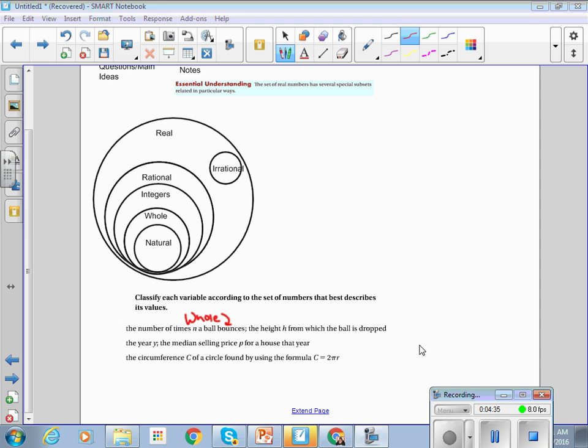Integers. Can my ball height be a positive or negative whole number? What if it goes under? It can if I'm here at 0 and I have a crater that is below ground level, then it would be a negative height.